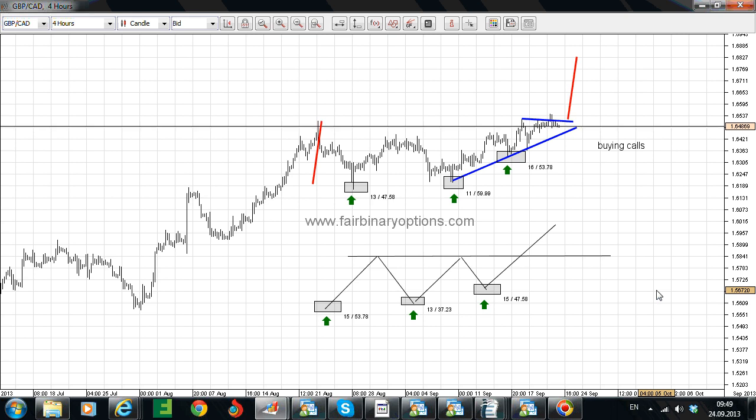Whenever you are looking at trading binary options, keep in mind that besides technical analysis and regular strategies, fundamentals come to influence price.